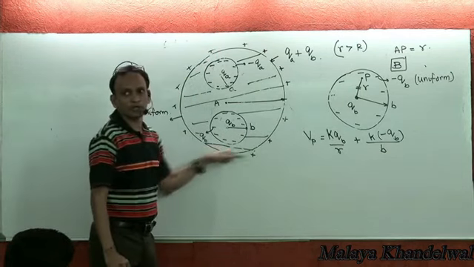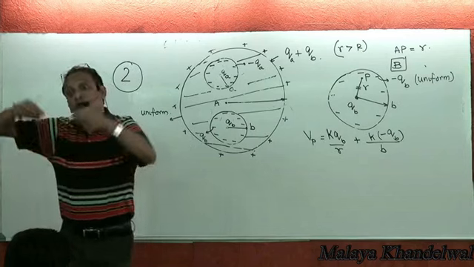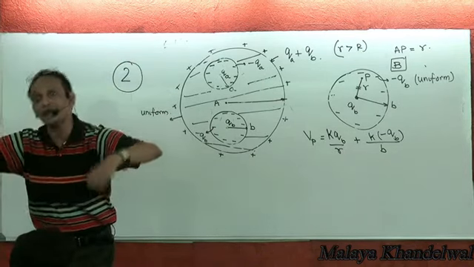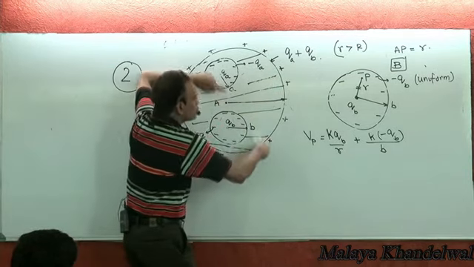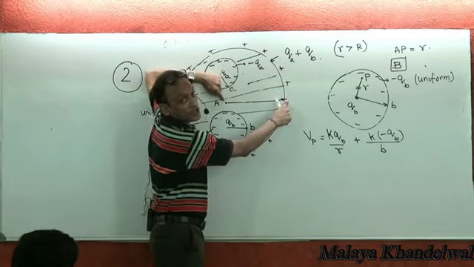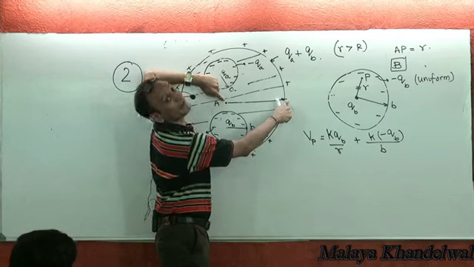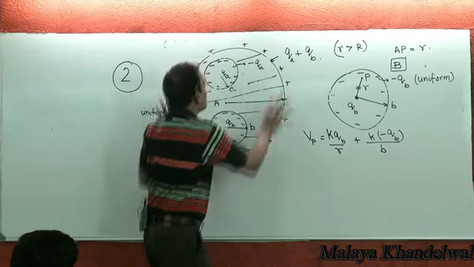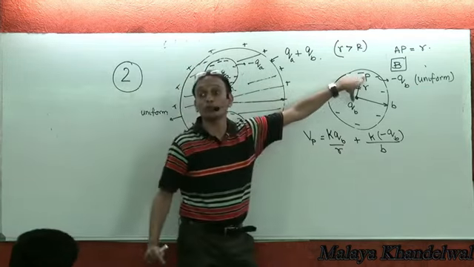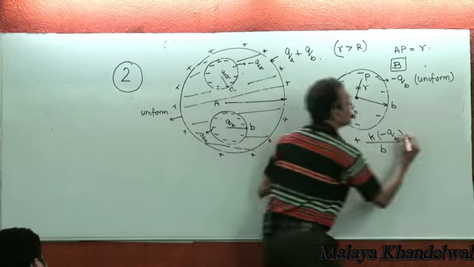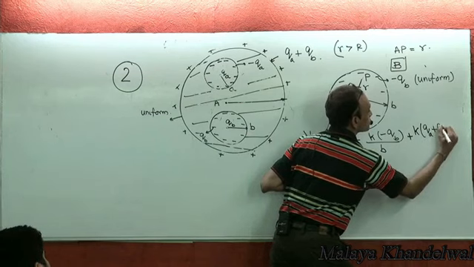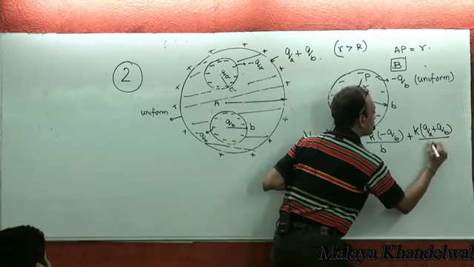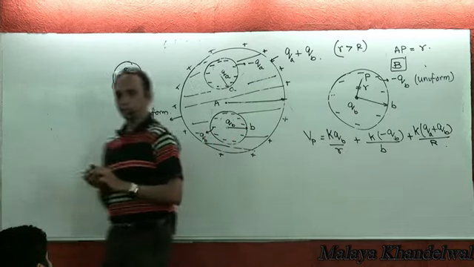This QA plus QB on the outer surface all by itself will produce zero electric field everywhere inside and a region of uniform potential. What potential does QA plus QB produce on the surface of this? K into QA plus QB divided by capital R, and that's the potential that it produces anywhere inside, including the point P, right? So then this is like K times QA plus QB divided by R. What do you say to this?